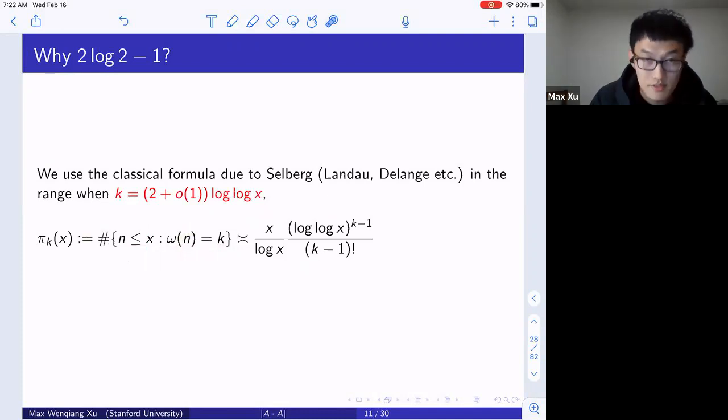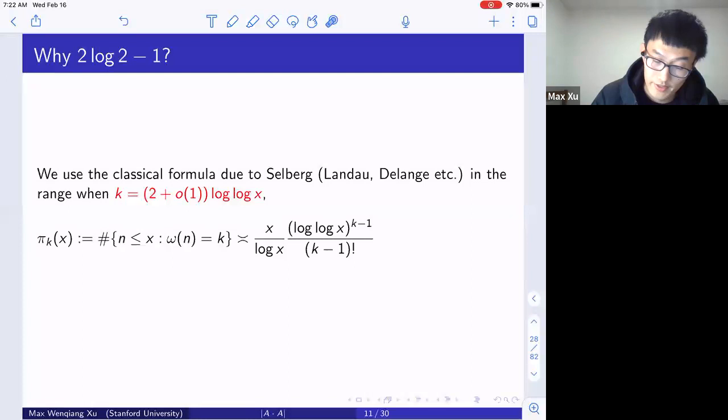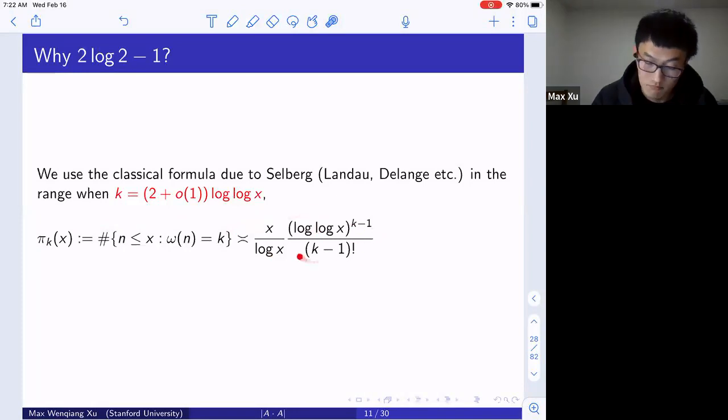Many mathematicians contributed to this. For example, when k is fixed, say k equal to 1, you can look at this expression and prove the asymptotic, x over log x. This is the prime number theorem. For any general fixed k, you can prove it by, for example, induction.